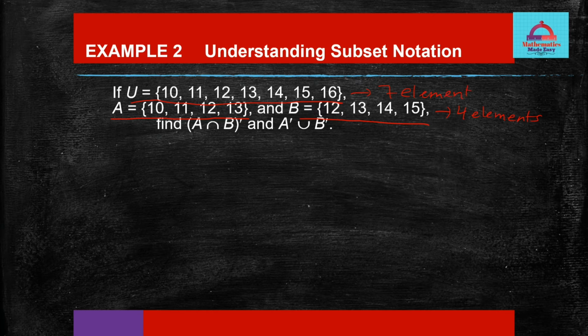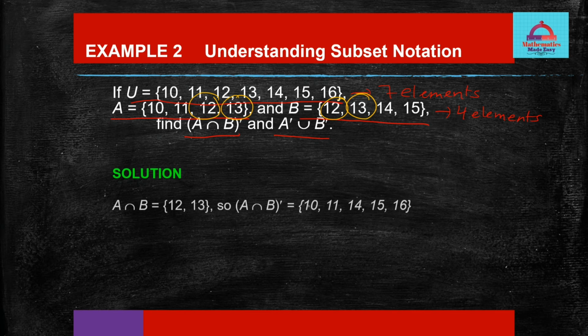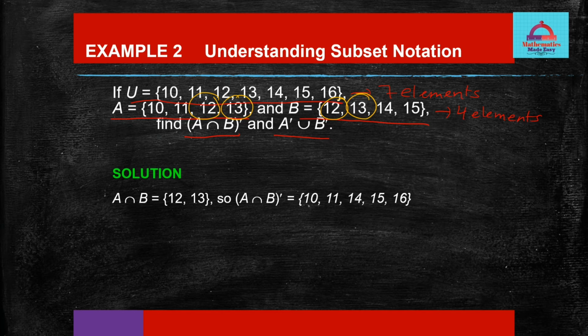Now to verify De Morgan's second law, we have to calculate the left side and the right side, both of them one by one. So let's first find A intersection B. To get A intersection B, you need to find the common elements. Let's see what is common. 12 is common for sure. Then you have 13. So your A intersection B would come out to be 2 elements.